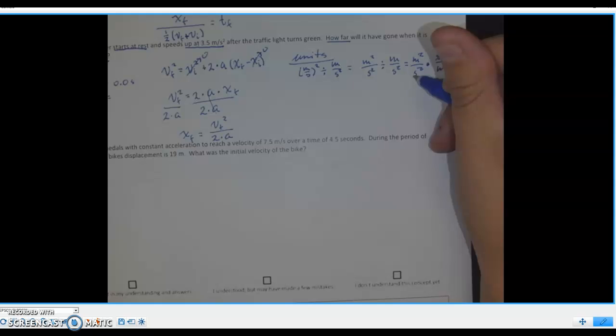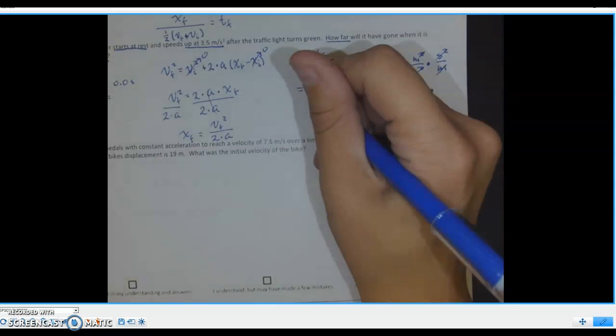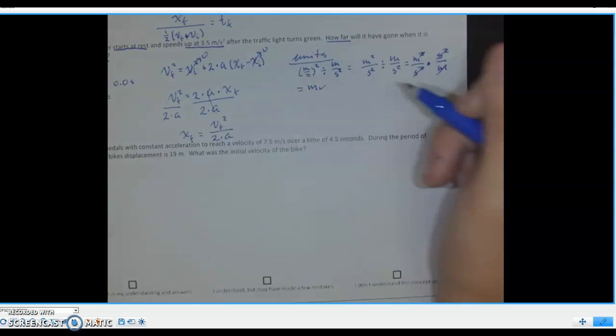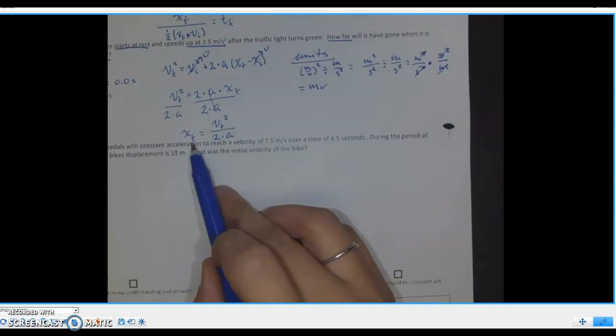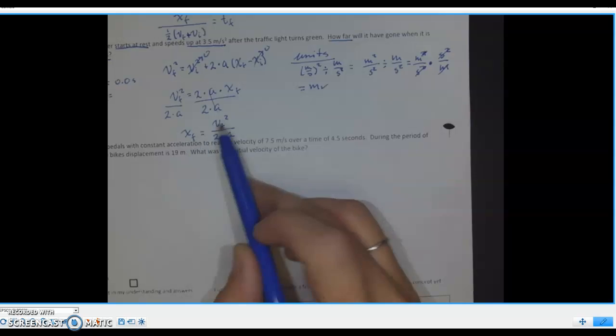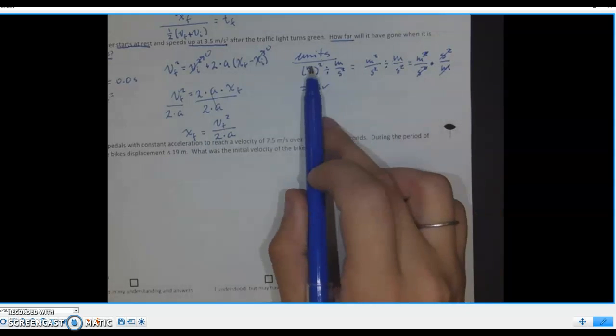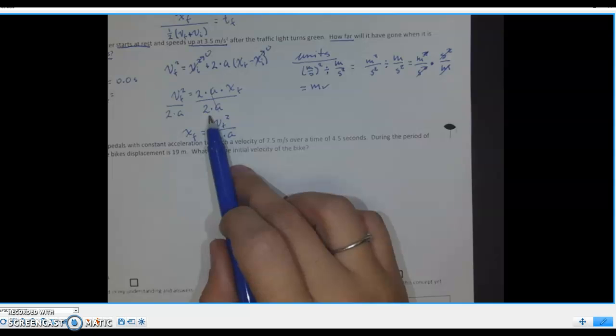So that will cancel, and then this will cancel with one of those. So what I'm left with is meters over 1, or meters, which works out because I'm solving for an x final. So this is a great analysis, a way to confirm that I very likely rearranged my equation correctly.